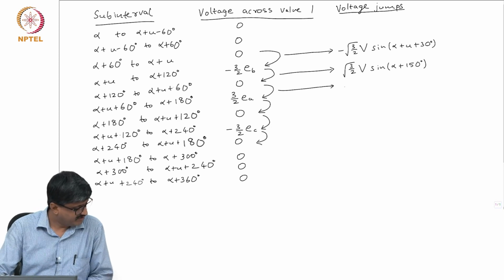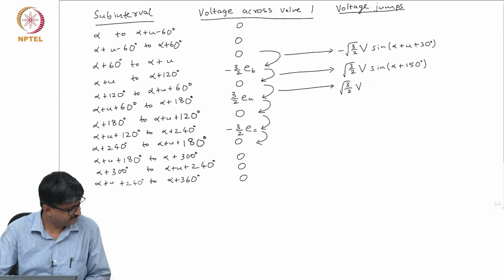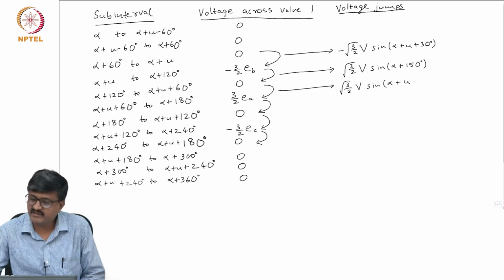Then root 3 by 2 V sine alpha plus u minus 150 degrees.